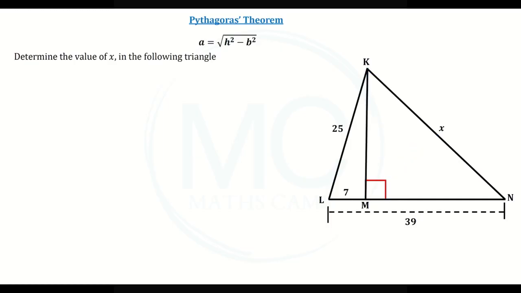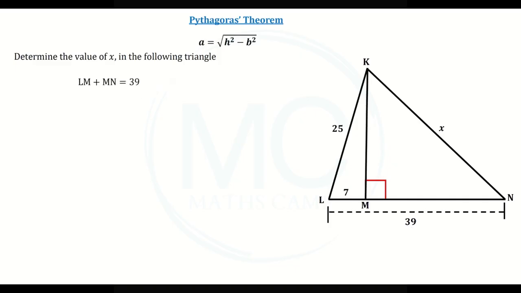Let's start with MN. From the diagram, we can see that LN is 39 units long. We can also see that LN is made up of the length of LM and MN. So we can say LM plus MN is equal to 39 units.